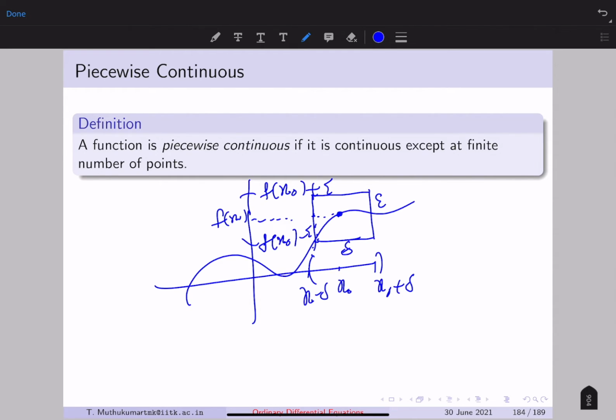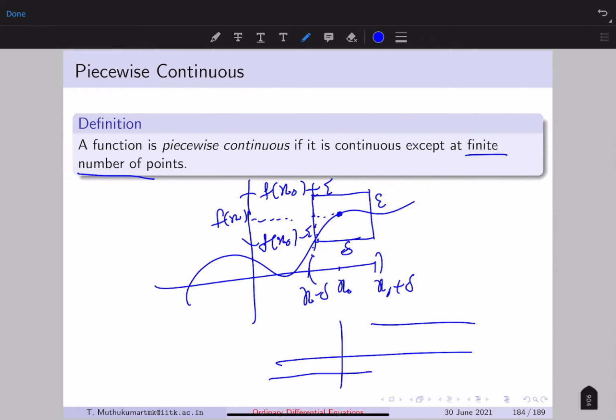Now what is piecewise continuous? Piecewise continuous basically means that the function is continuous, whereas this property that we have shown here breaks down at a finite number of points. For instance, the constant function was continuous, whereas I can have a function like this.